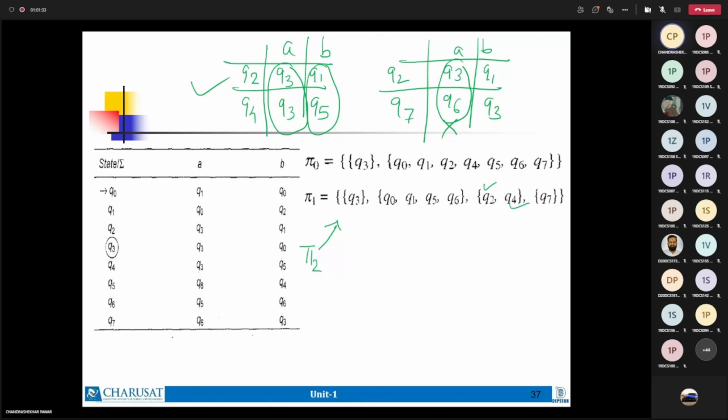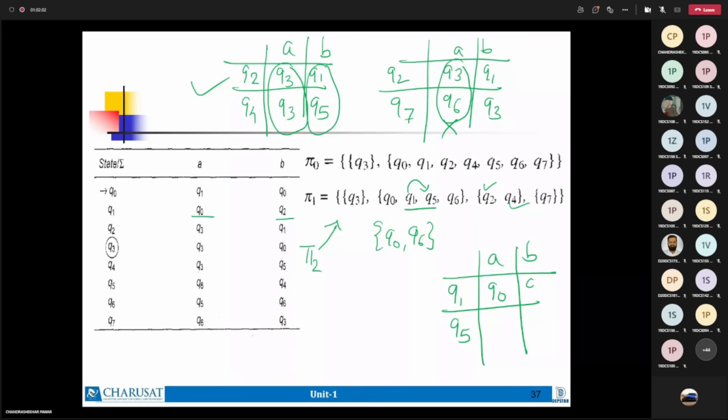So Q0 is equivalent with Q6. Now this 1 and 5 is remaining from this set. So we are going to check their equivalence, whether 1 is equivalent with 5 or not. So A, B. Q1 goes to Q0 and Q2.